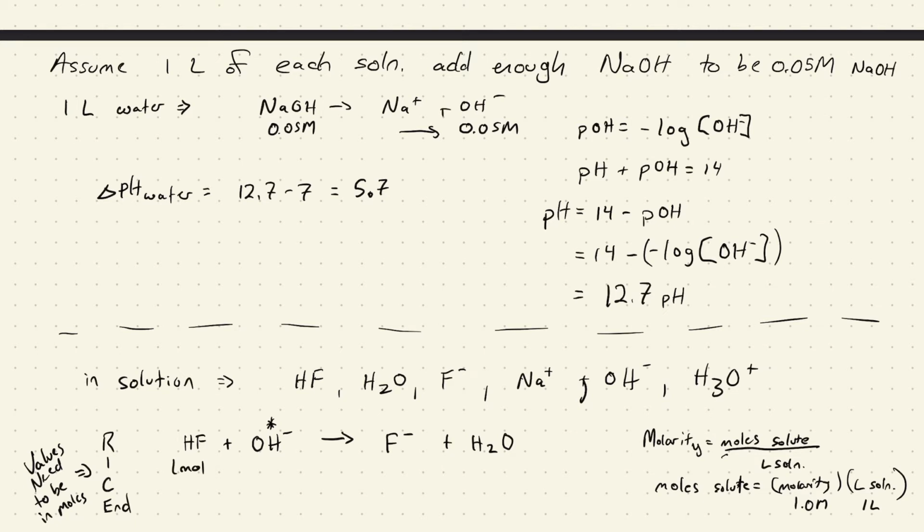Okay, and by the same rationale, hydroxide ion will have 0.05 moles at the beginning. Now I can see from this that my hydroxide ion is going to be the limiting reactant. So this is going to decrease, it's going to fully react, and then the fluoride ion will increase by a little bit.